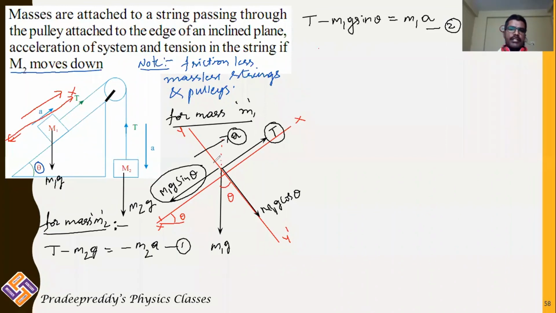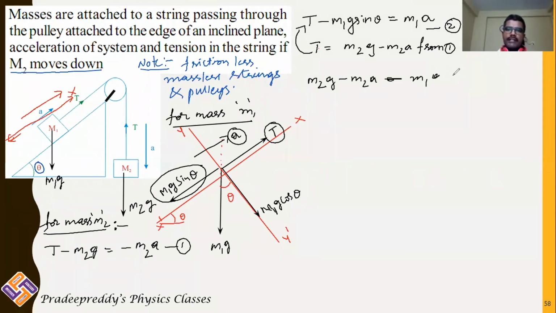Now from equation 1 and equation 2, we can write down the tension. From equation 1, I can write T is equal to m2g minus m2a. Take this and substitute in equation 2. That gives you m2g minus m2a minus m1g sin theta is equal to m1a.